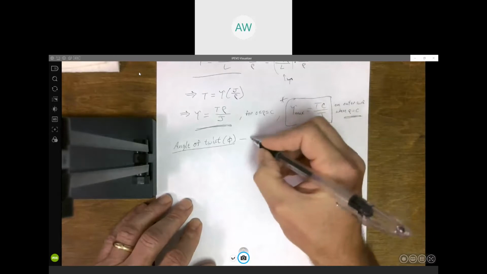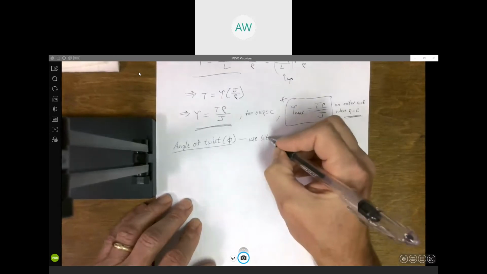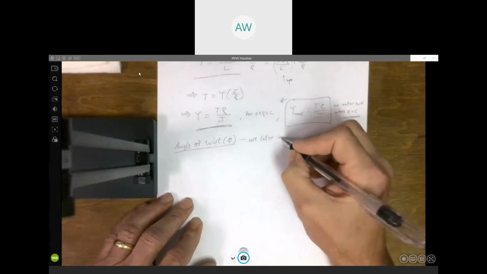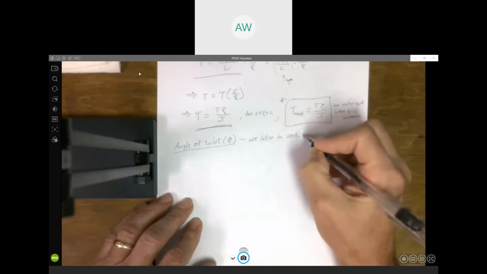Now, what I'm about to do, we're going to use this later. I say later, first of next week, in section 5.4.